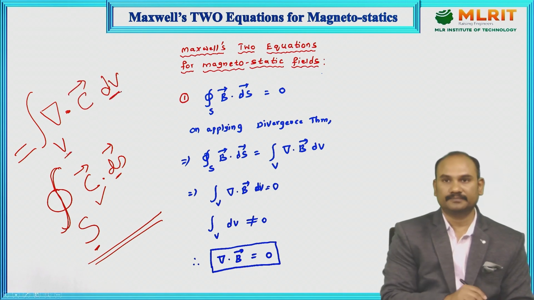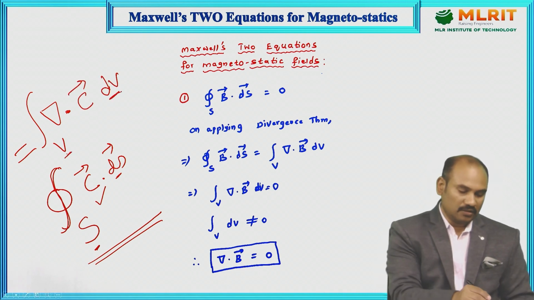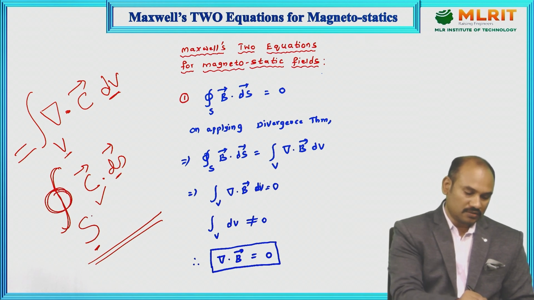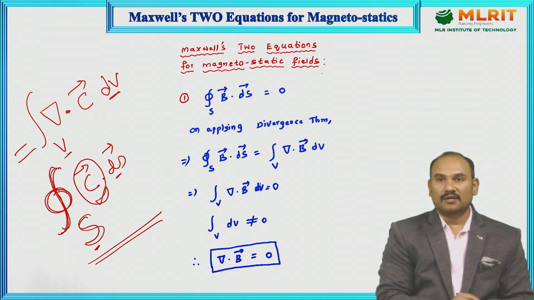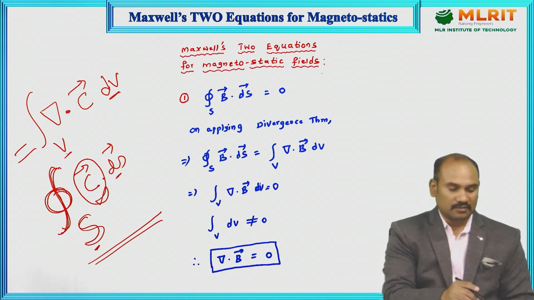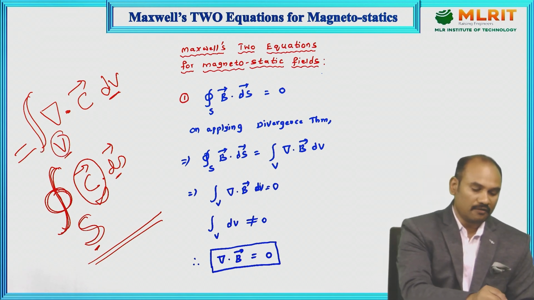I repeat once again, the closed surface integral of any vector can be equivalently written as the volume integral of the divergence of that vector.